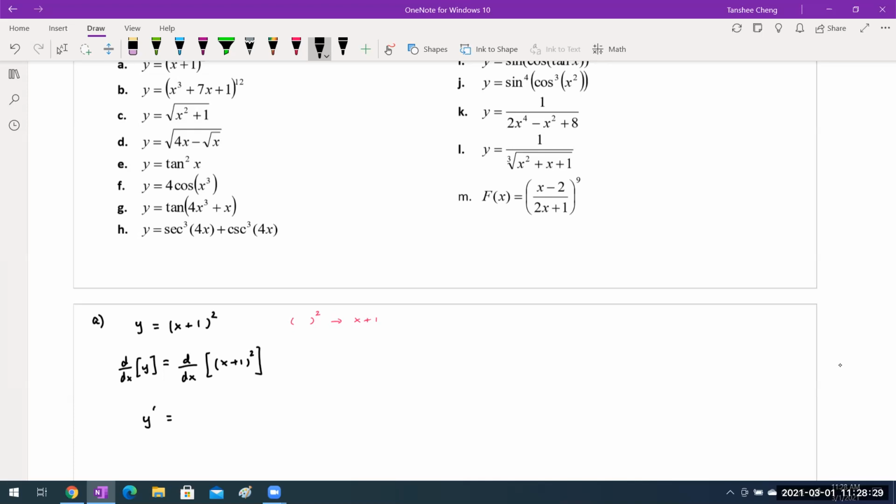So how do we take the derivative of power functions? Bring down the power, and then what? Minus 1 to the power. So 2 minus 1. That's the power function. And remember, I mentioned it earlier, the inside part will stay as what? The inner function, which is going to be x plus 1. And times the derivative of the inside function.